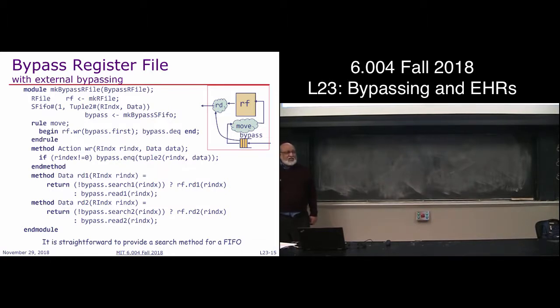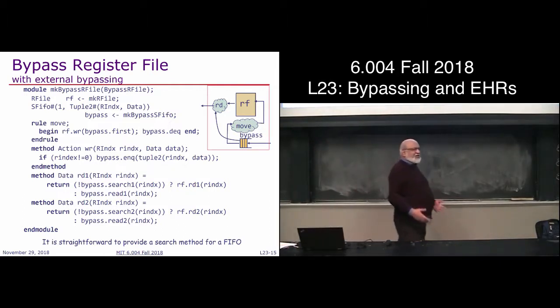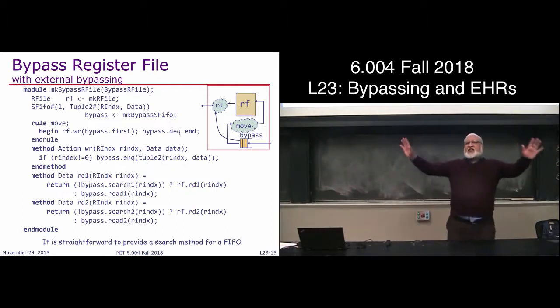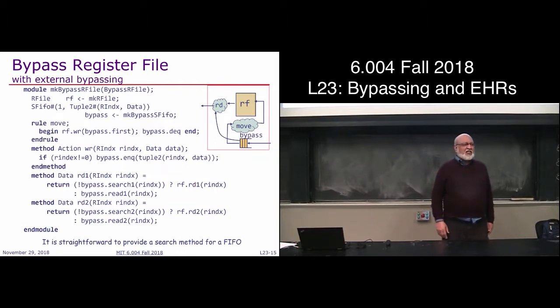It will be the ready signal of the, who's going to help me here? Bypass FIFO, right? So if the bypass FIFO has no space left in it, it says sorry, can't do this enqueue, that means the outer thing will stop.